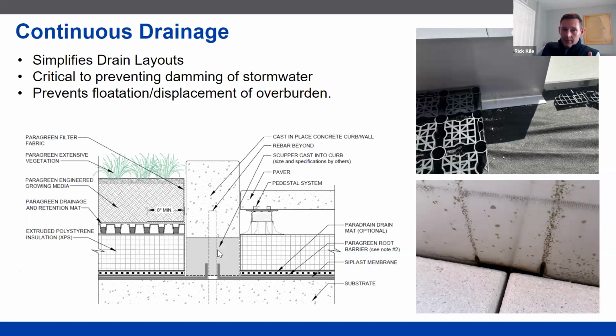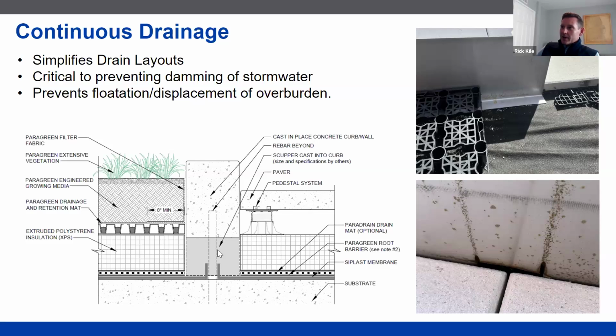In the image top right, we're managing stormwater underneath the pedestal pavers. We're also managing water on the blue-green roof side, which is more towards the bottom, on this side of the metal edge. What we haven't accounted for there is drainage between those two overburden types.